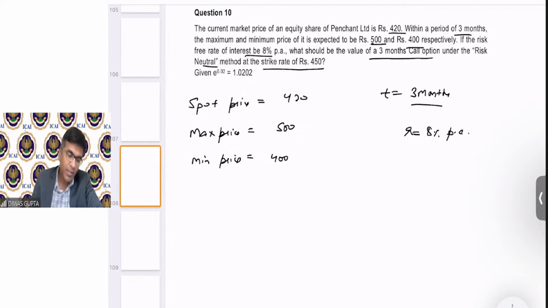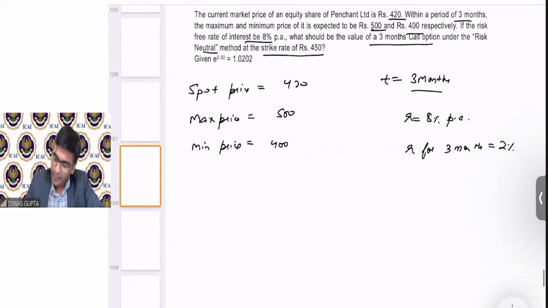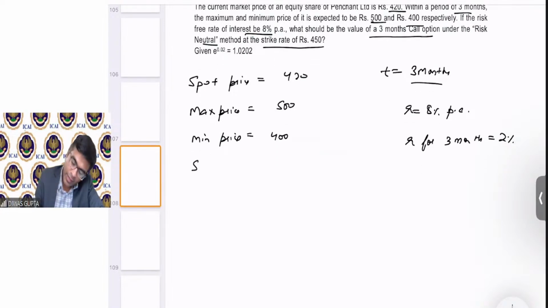However, for 3 months, the R will become 2%. R for 3 months will be 2%. Correct? And the strike price given to us is 450.